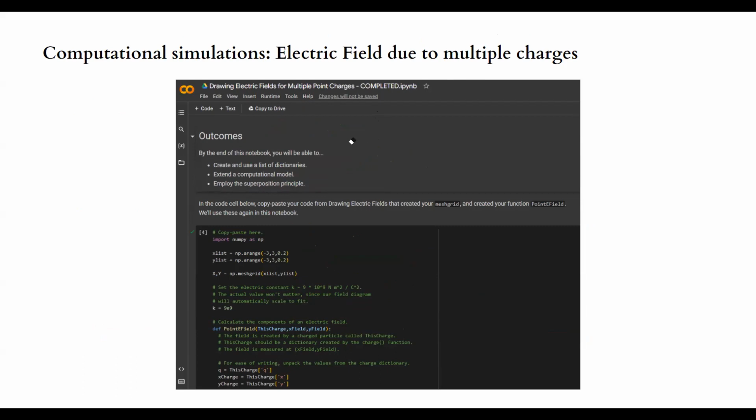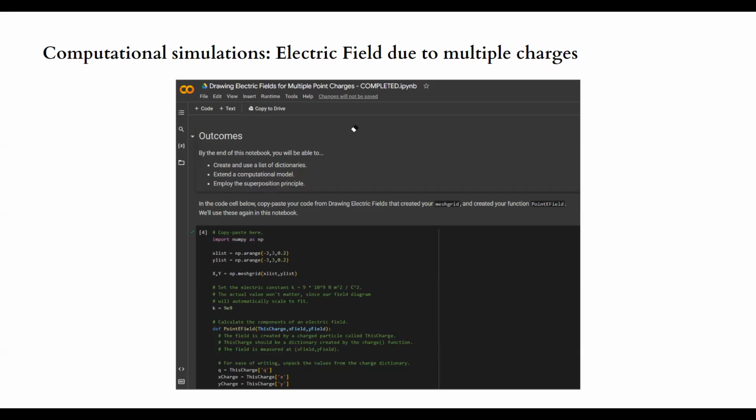Using these simulations, you can understand how the electric field is generated in a certain region based on the charges that are spread in the region.